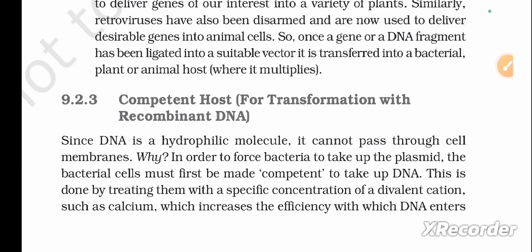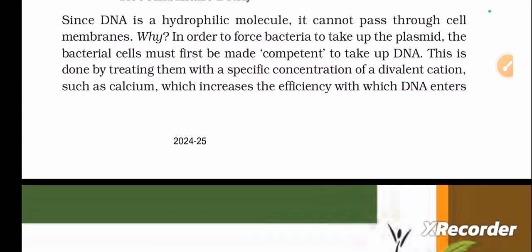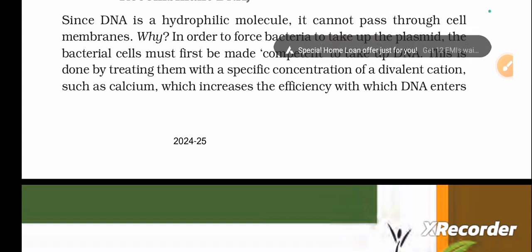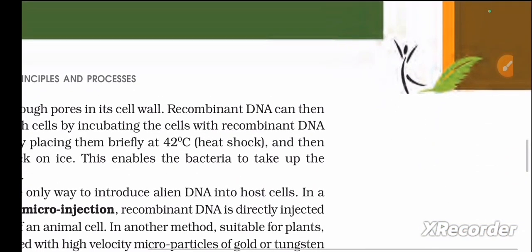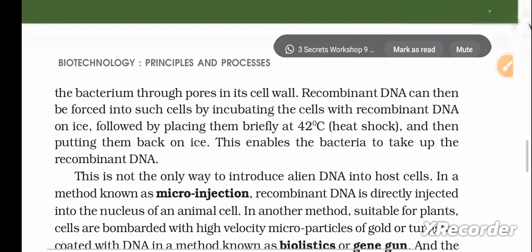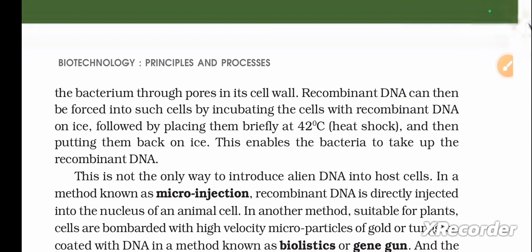In order to force bacteria to take up the plasmid, the bacterial cells must first be made competent to take up DNA. This is done by treating them with a specific concentration of a divalent cation such as calcium, which increases the efficiency with which DNA enters the bacterium through pores in its cell wall.